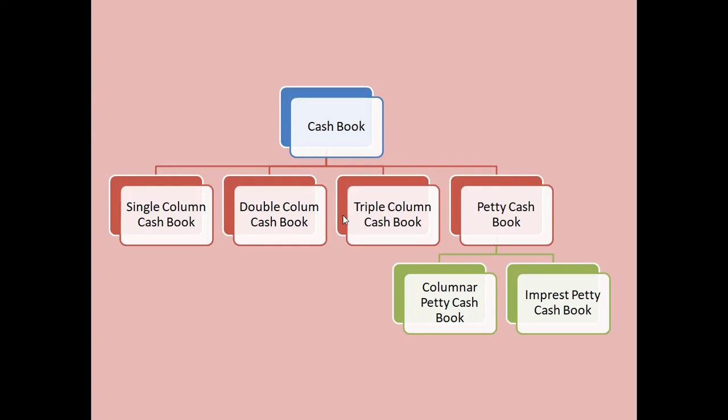And in the triple column cash book, we have both a cash and bank column along with the discount allowed or discount received column. When we do the numericals, you will understand how the format or proforma will be. So we will start with the single column cash book. In the next video, we will have a look at the solutions of the single column cash book.